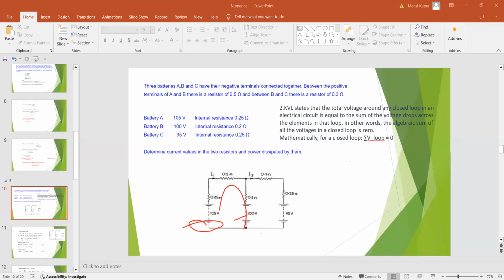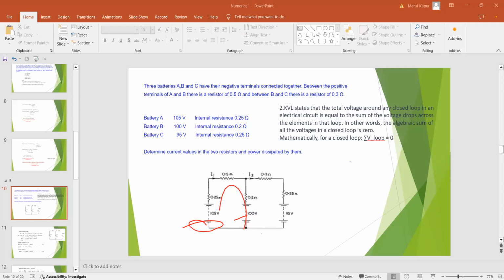I2 we have taken, right? Only we have to get the I1 minus I2. I1 minus I2 we have taken, right? Yes. Similarly, you apply this on the second side of the figure. So you will get two equations with I1 and I2, right?